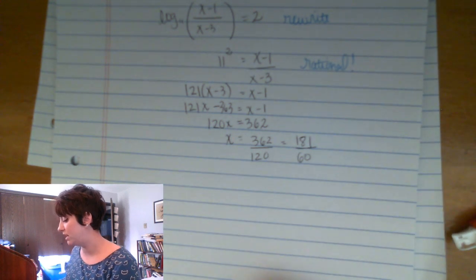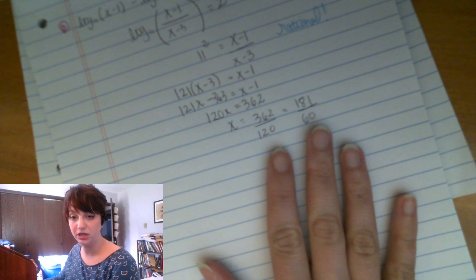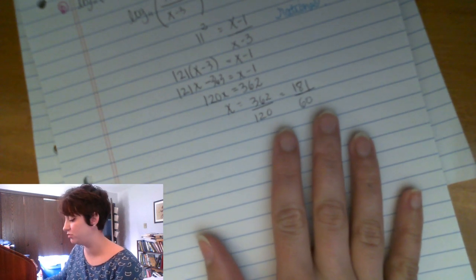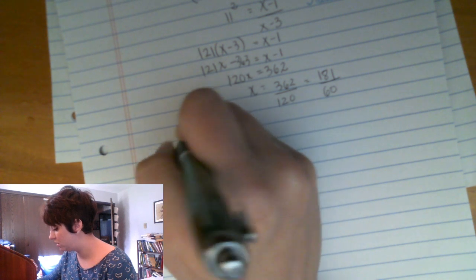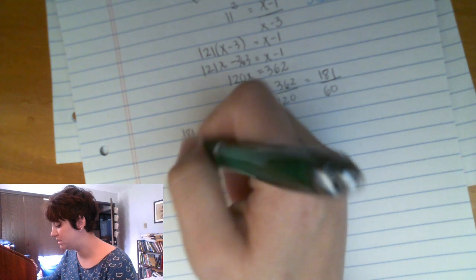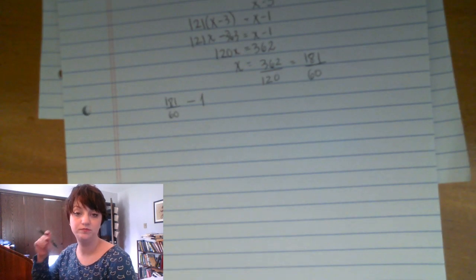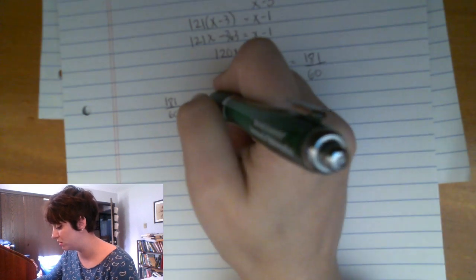They do ask to, well, first off, we're going to have to check this, right? We will check this in a second, but they also want decimal approximation. So 181 over 60 minus 1. Well, this thing is bigger than 1. Whatever 181 divided by 60 is doesn't really matter. It's bigger than 1.